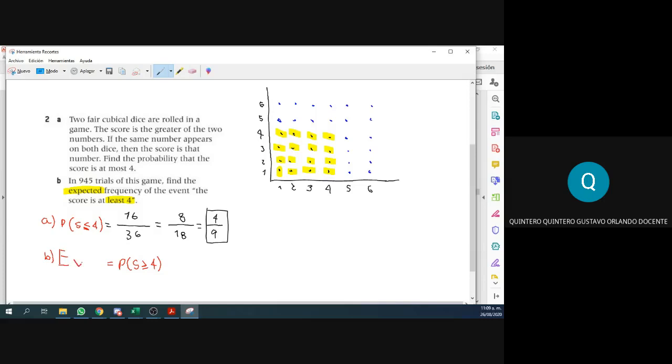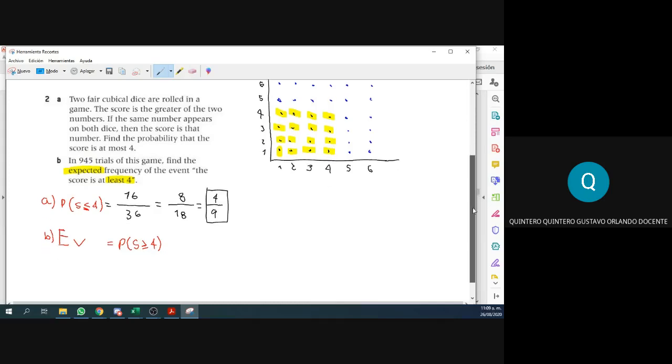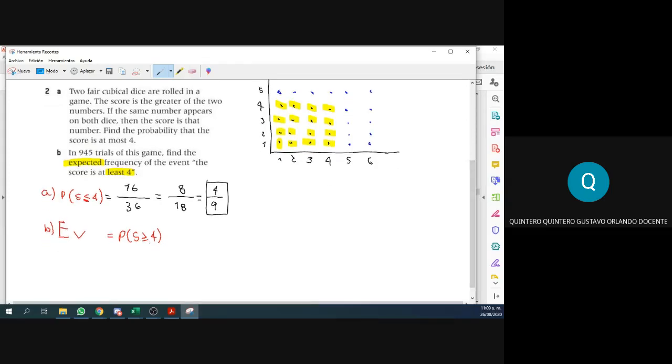Now, if you guys remember from the previous class, or studied at home, you know that expected values are the probability of the individual event times the repetitions, right? So we need to find the probability, and after we are done with that, we're going to multiply by 945 repetitions, which are the trials.